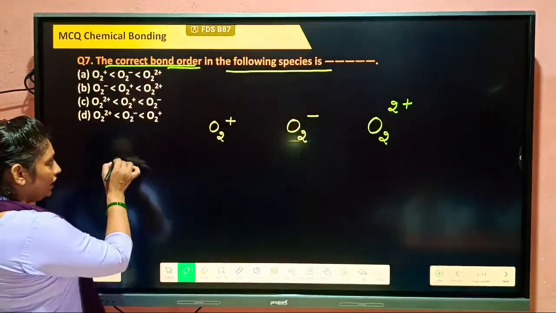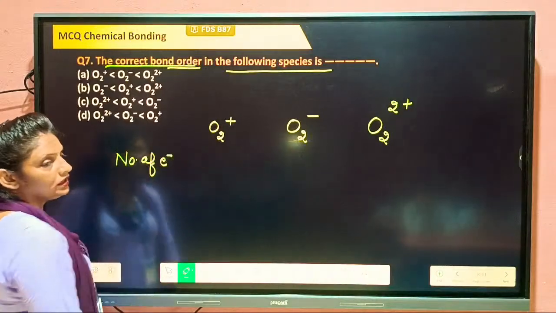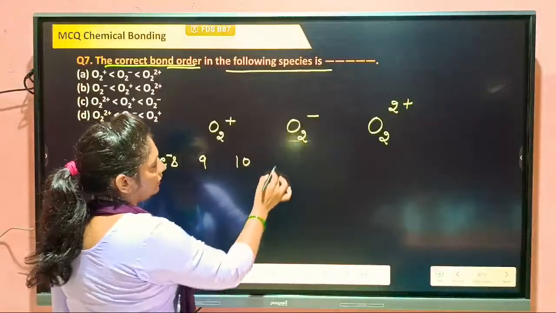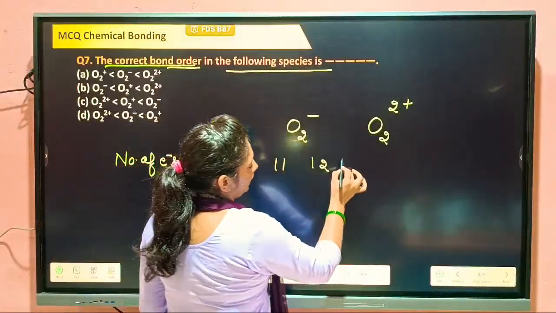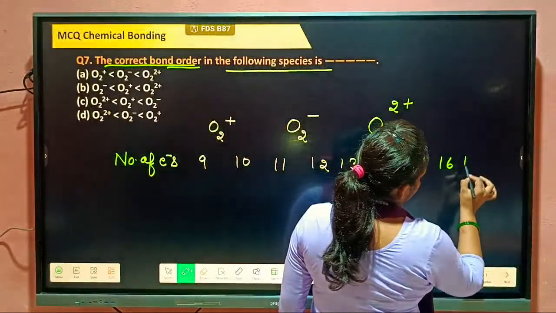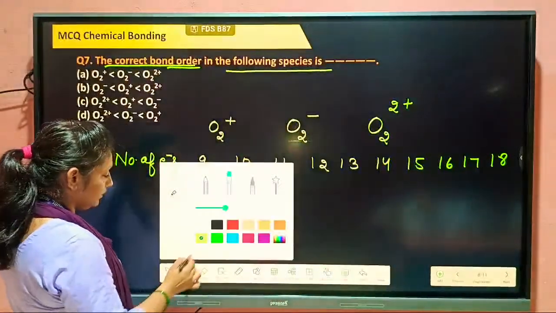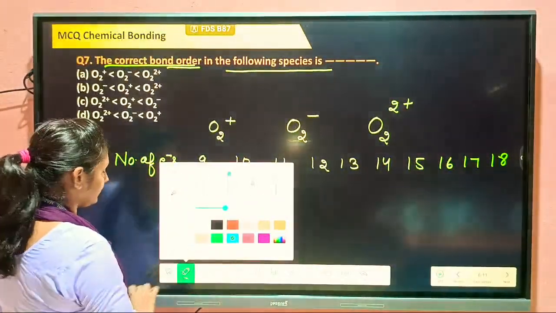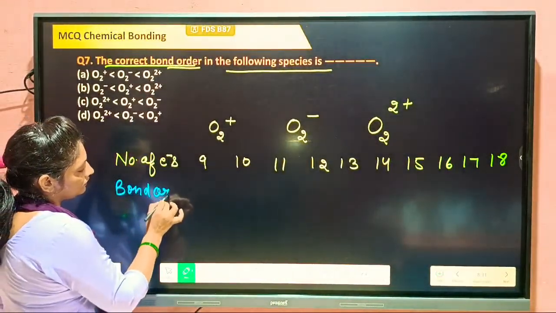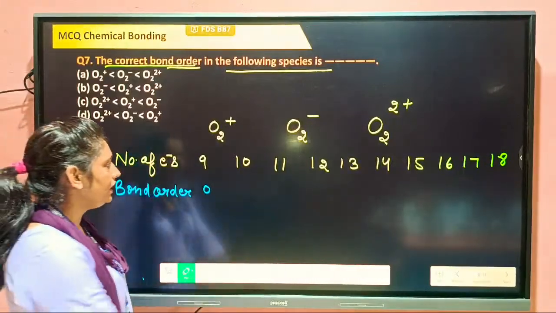If the number of electrons is 9, 10, 11, 12, 13. Here, bond orders: if electrons are 9, then bond order will be 0.